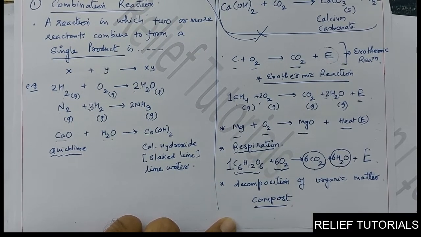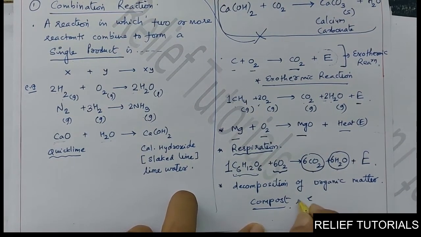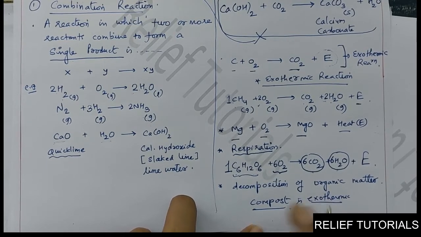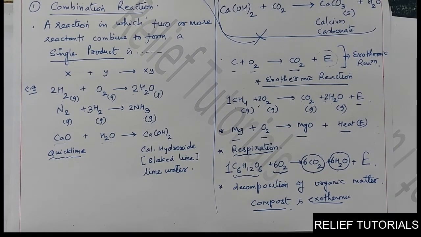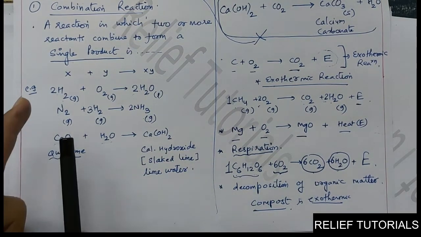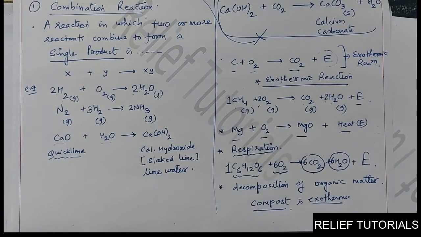The compost manure. So this is also one of the exothermic reactions. There is no particular equation for this because a variety of organic matter is available. So they decompose and form compost manure at the end, and this is an example of an exothermic reaction. Okay, so this is the topic of combination reaction, as well as one subtopic, exothermic reaction.